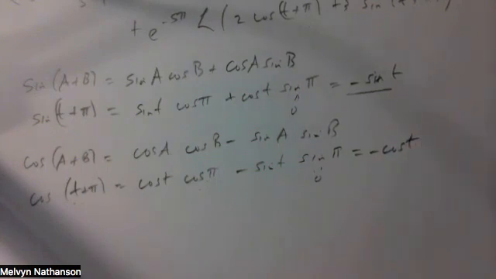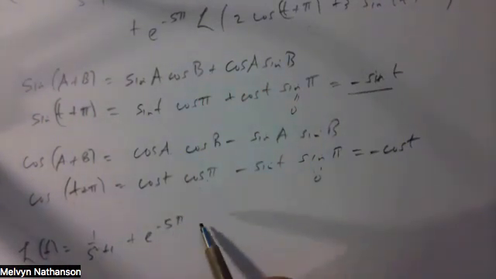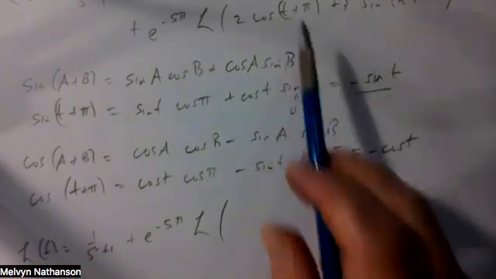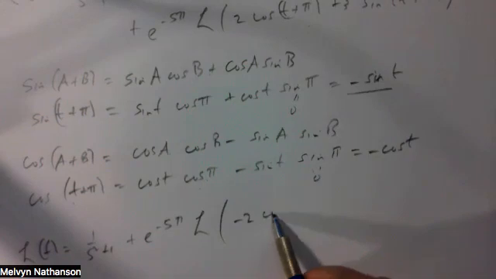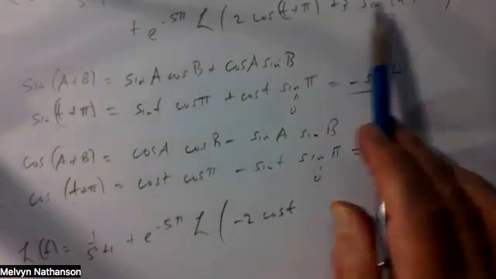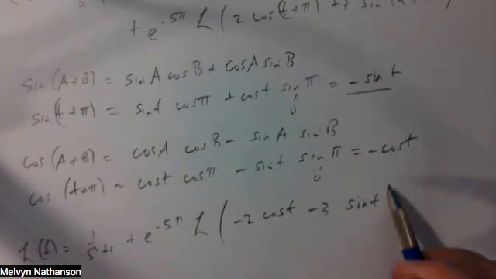So this is minus cosine of t. So this expression, we have L of f, is 1 over s squared plus 1 plus e to the minus s pi, Laplace transform of minus 2 cosine t and minus 3 sine of t.